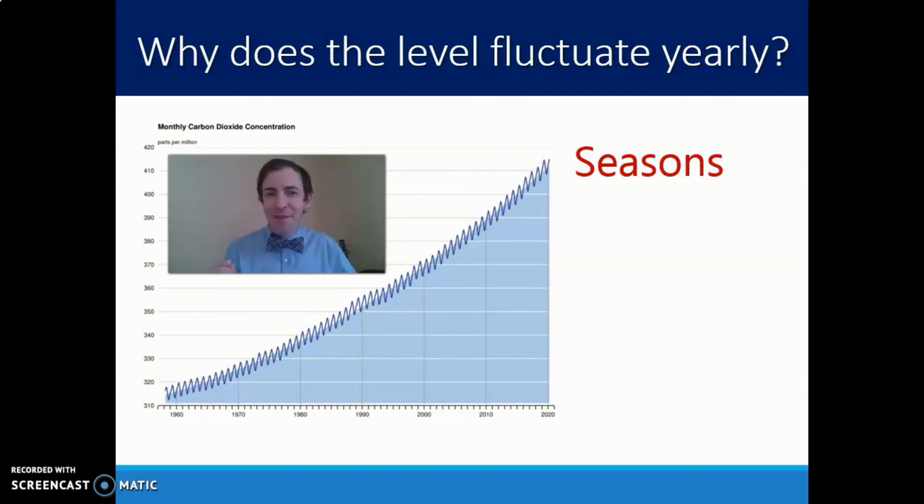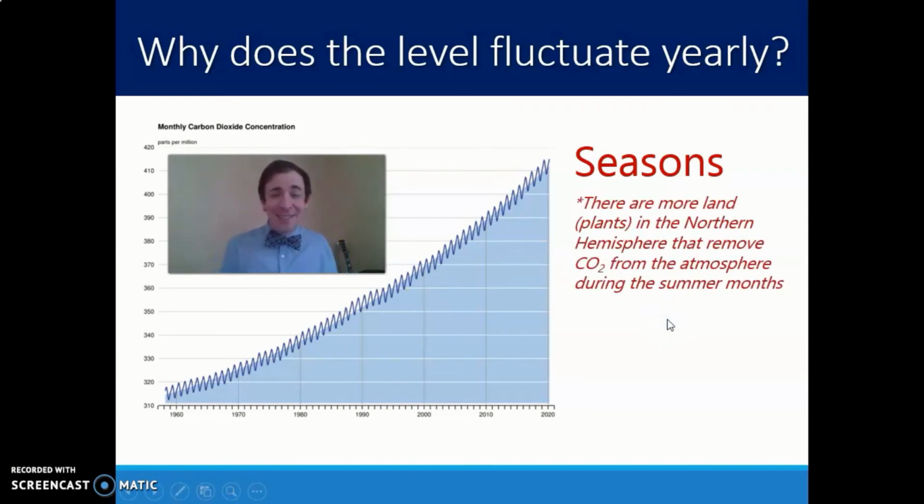Now, a question that I have for you is, the Earth has a southern hemisphere and a northern hemisphere, and at all times in the year, one of those hemispheres is experiencing summer. So why do we get this jaggedy line? Why don't they just cancel each other out? The answer is because in the northern hemisphere, there's actually more land mass than there is in the southern hemisphere.